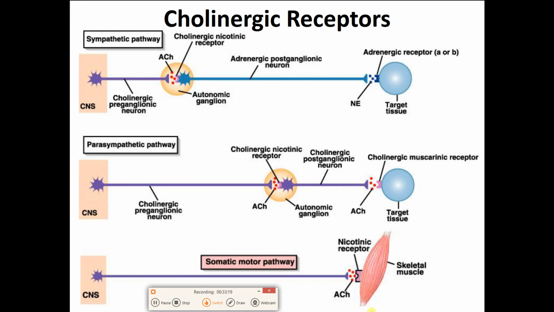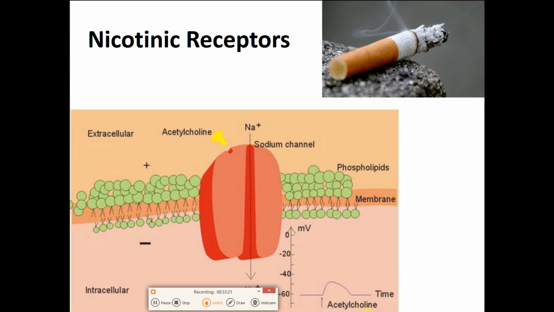Well, we get that by opening a sodium channel. So this is a nicotinic receptor right here. Acetylcholine binds to it. The sodium channel opens up. Sodium rushes in. That sodium ingress is going to cause a graded potential, which will then generate probably an action potential.